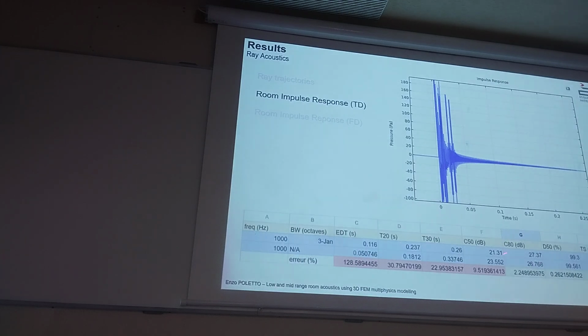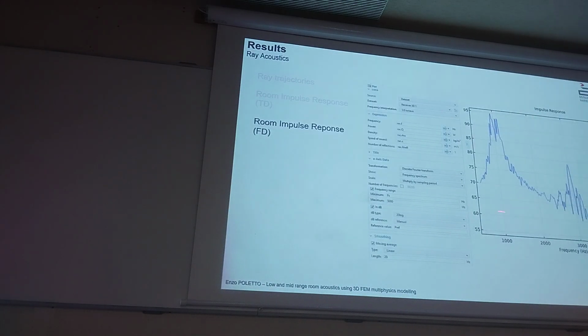But when it comes to the clarity and those other factors, we see that we're close. So this needs more investigation, going deeper into the settings to match the measurements from the model.